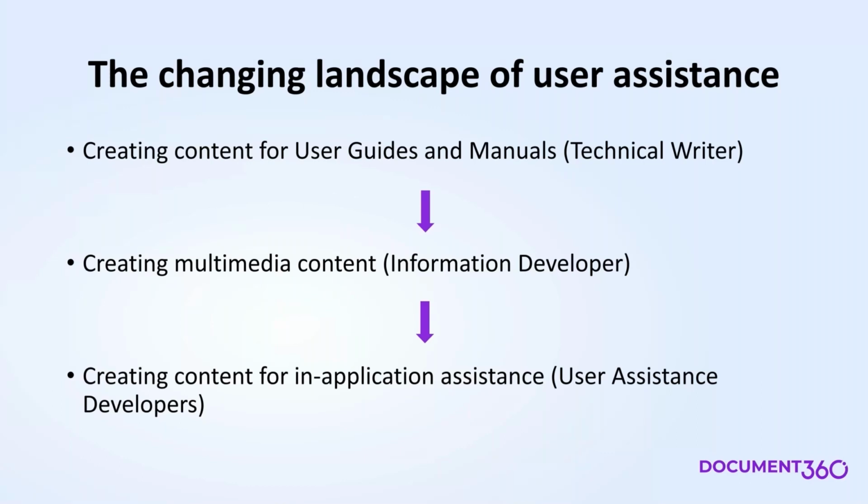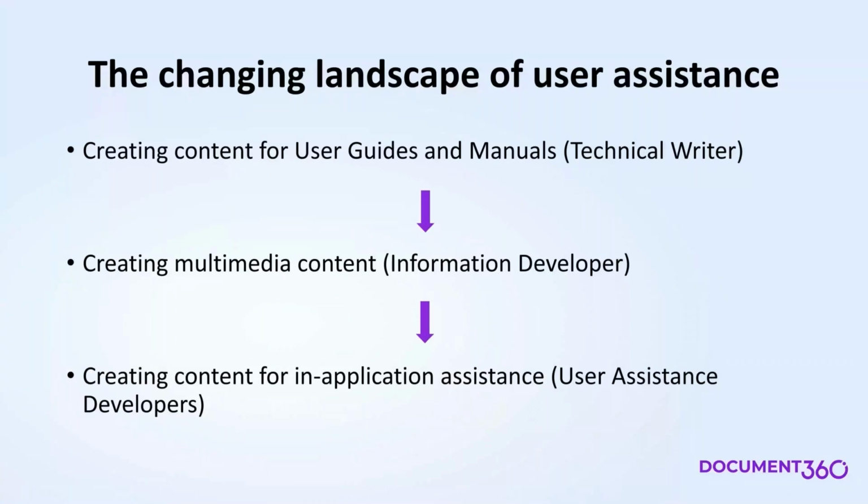But then moving ahead, we were not just focused on writing, but we also started creating multimedia content, in the form of images, GIFs, or videos, and so on. That was not limited to just writing, but we were actually creating information or developing information. And then we started calling ourselves information developers.